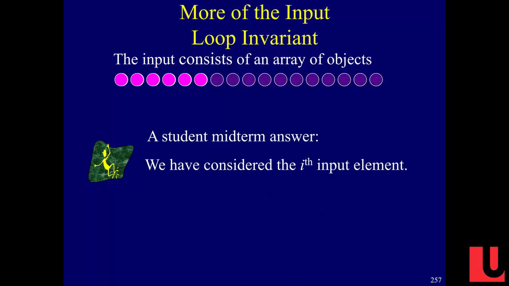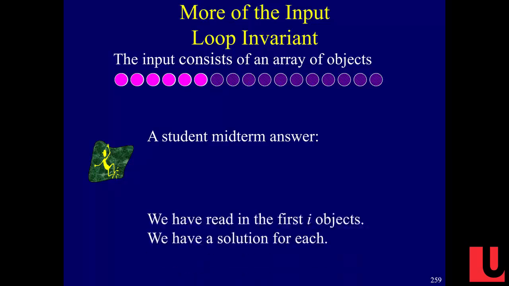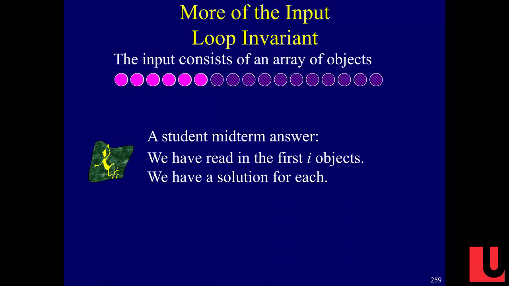I could say we've considered the ith input. Well, what about the other ones? We've considered the elements 1 through i. Yeah, and so what? You considered them. All right, so we've read the first i objects, and we have a solution for each of them.